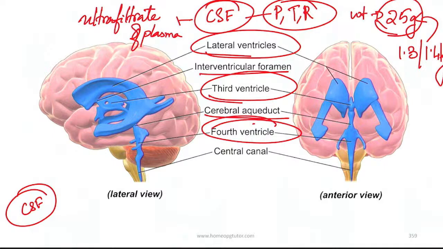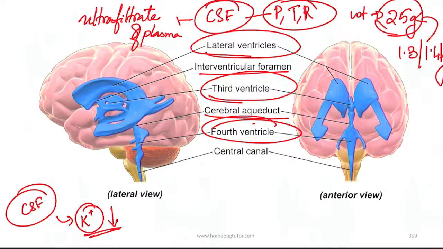And remember, synaptic transmission requires a lesser amount of potassium. Potassium amount should be lesser. So the CSF is the environment which allows proper synaptic transmission by creating a low potassium atmosphere. That is one of the functions.